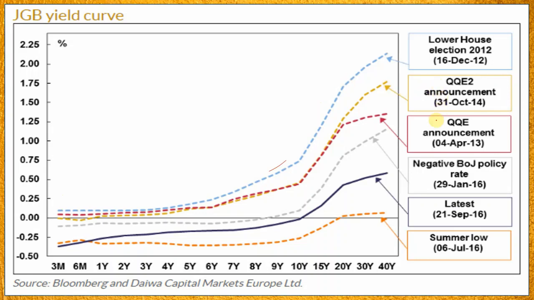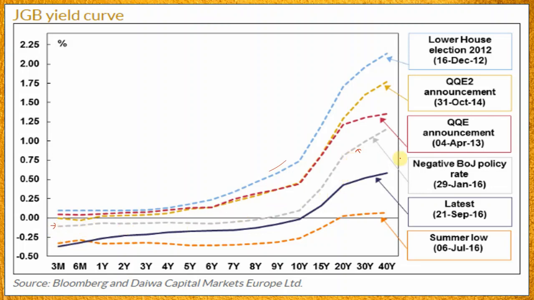As quantitative easing was introduced, you can see that the curve got closer and closer to zero on the short end, and on the long end it became less steep, so we've got this flattening going on. In 2016, this grey line here, the Bank of Japan introduced a negative interest rate policy, and so here you can see that the short rates dipped their toes into negative territory.